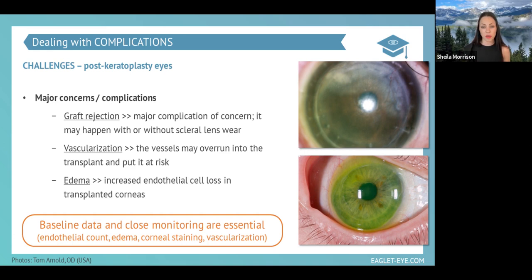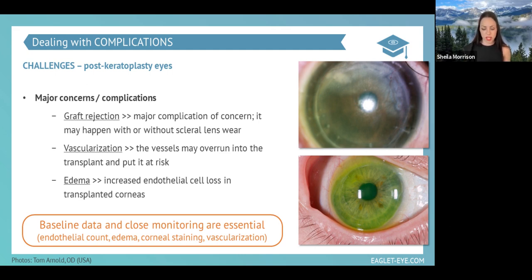Edema is probably one of my number one things that comes up in patients that have had surgeries like a graft. And so when we have a lens inducing or triggering or contributing to rejection, blood vessel growth, of course, we know we don't want blood vessel growth in the clear cornea in any patient, whether they're post-surgical, whether they're in a soft lens, scleral lenses, we need to ensure that they're getting adequate oxygen to prevent these types of things from happening.